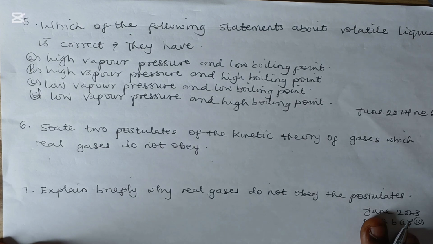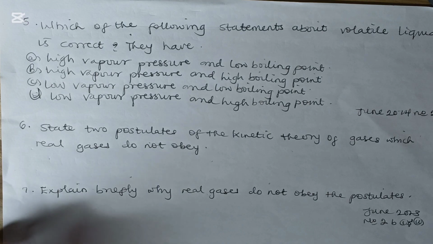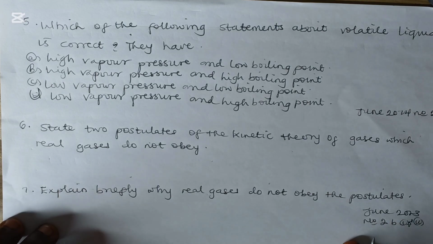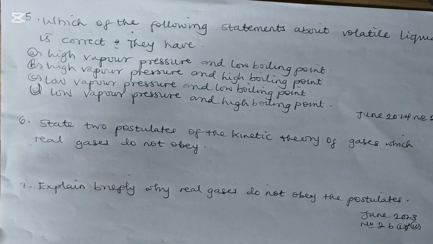So which of the following statements about volatile liquid is correct? A, high vapor pressure and low boiling point. B, high vapor pressure and high boiling point. C, low vapor pressure and low boiling point. D, low vapor pressure and high boiling point. I think the best answer is high vapor pressure. When the vapor pressure is increased because the particles have gained kinetic energy, they collide with themselves, generating a high vapor pressure.